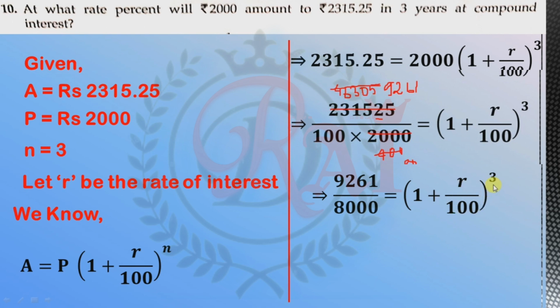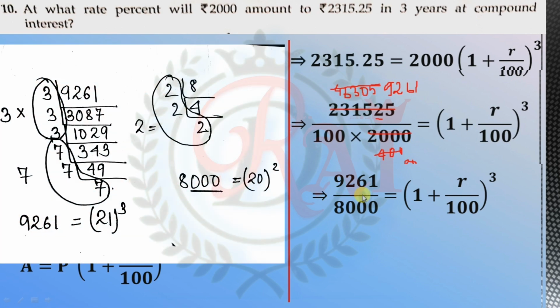Now my dear, a very important step is here. We need to find the value of R, and the power of this whole term is 3. Now we need to convert 9261 divided by 8000 in the power of 3. So 9261 we will factorize, as you can see on your left hand side.